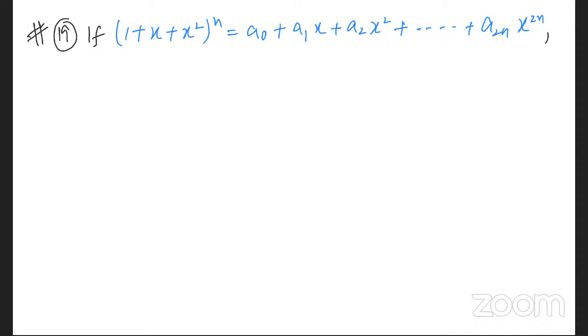Then prove that we have four parts under this.